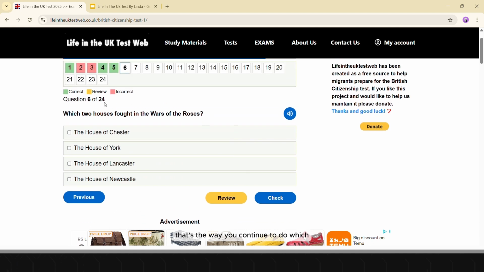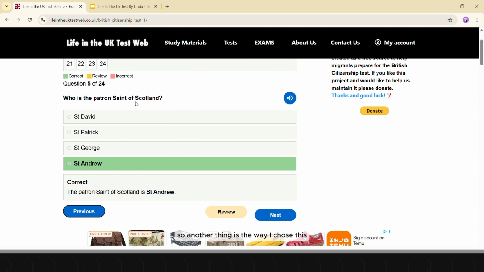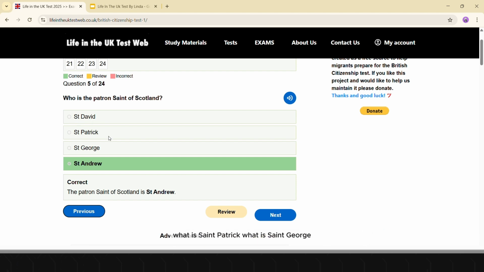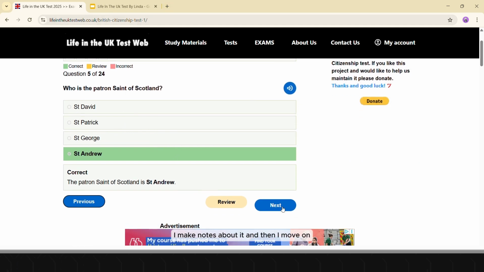That's the way you continue to do it. Another thing is the way I chose this. When I started, I didn't know this was the answer. So I just searched what is St. David, what is St. Patrick, what is St. George. I go to Chrome and set it up. That way I make notes about it and then I move on.